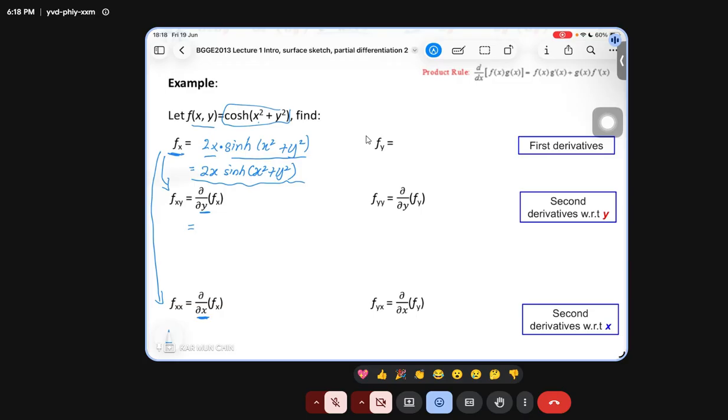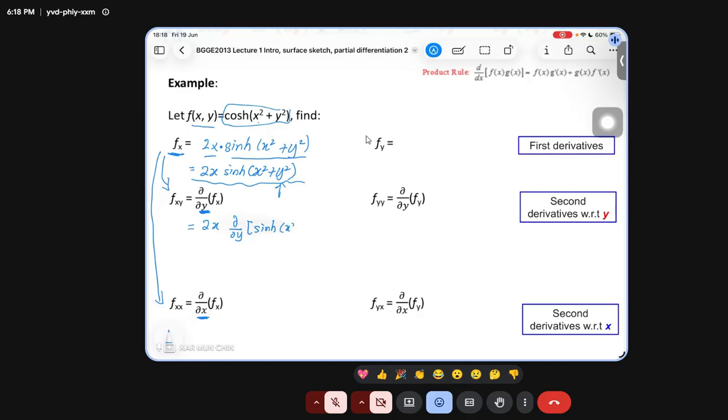Derive with respect to y. 2x is actually a constant, so we just copy the 2x. What we are doing here will be deriving this part.